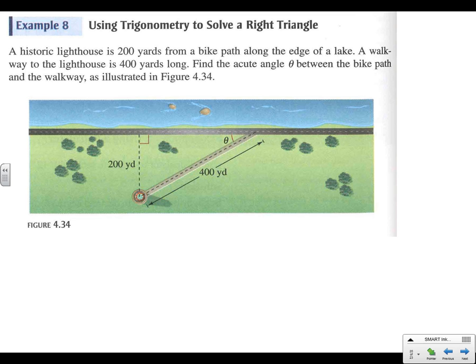Let's try one more. Historic lighthouse is 200 yards from a bike path along the edge of a lake. A walkway to the lighthouse is 400 yards away. Let's find the angle theta. What we're looking at here is the opposite and the hypotenuse. So that's going to be sine. Sine theta is 200 over 400, which is 1/2.